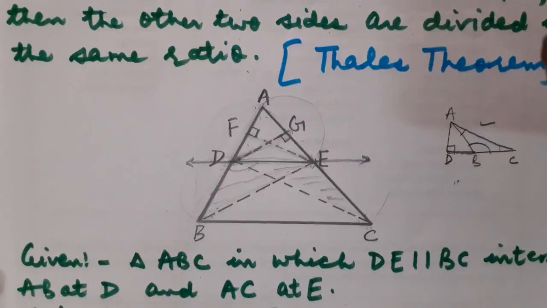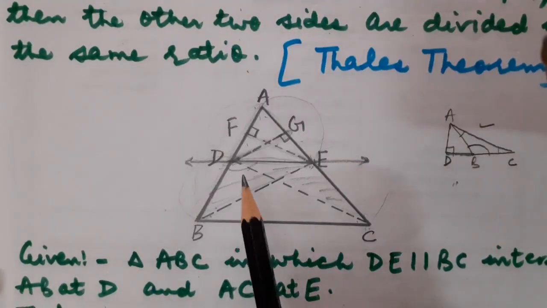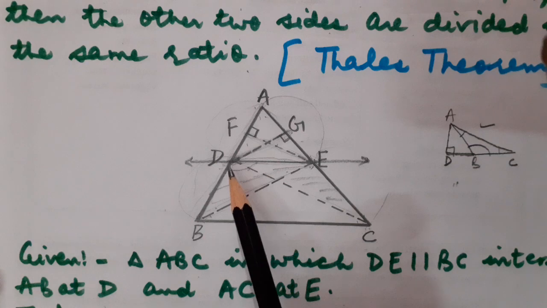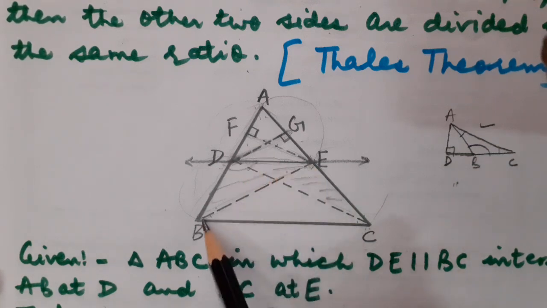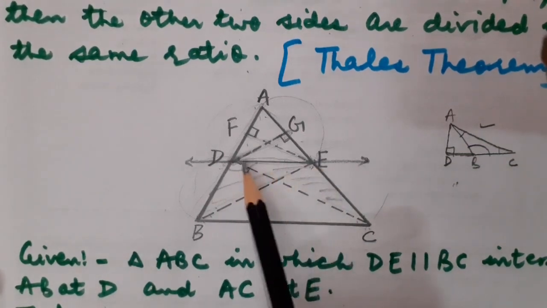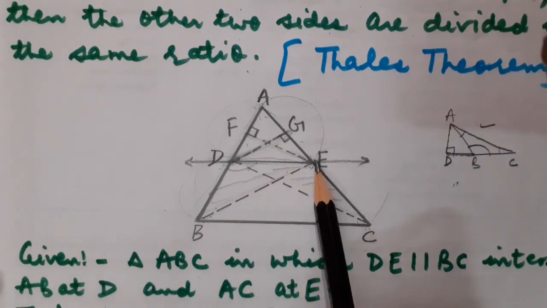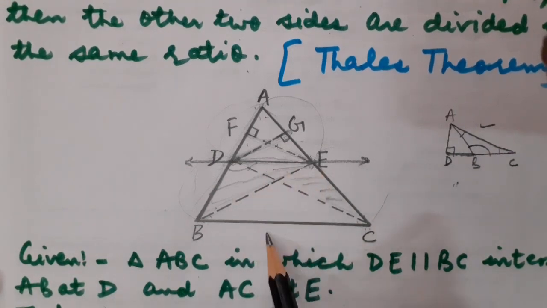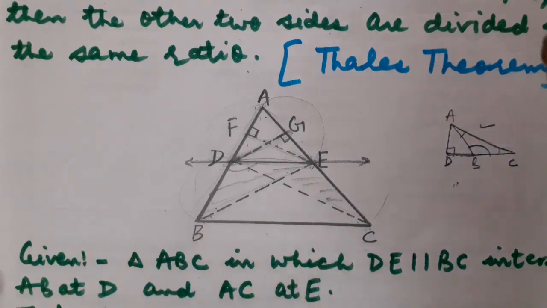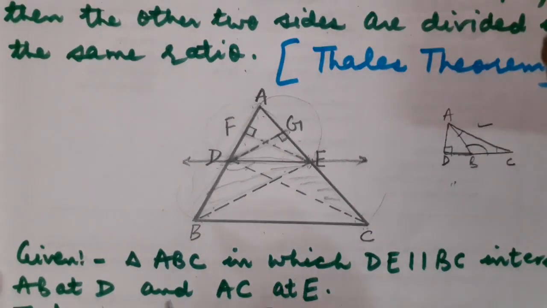Now children, do you remember that you learnt a theorem in class 9th that whenever there are two triangles which are on the same base and between the same parallels, then the area of both of those triangles are equal.